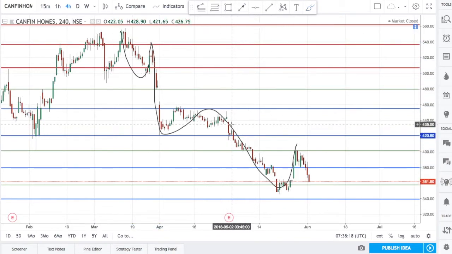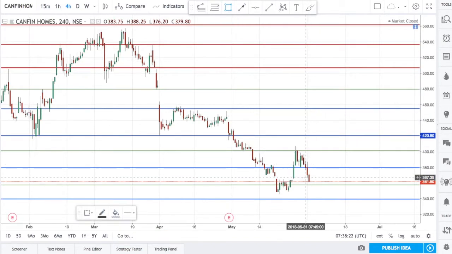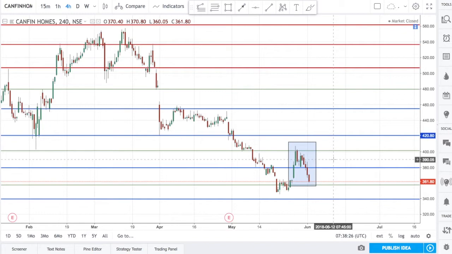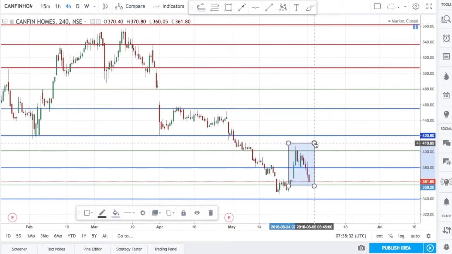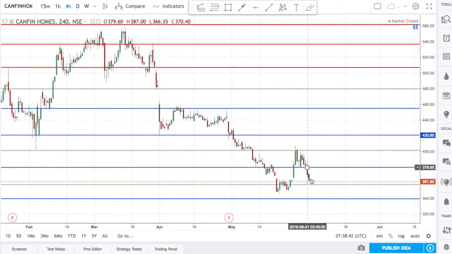So let's now focus on this portion here. We have a convincing lower low from this resistance level.